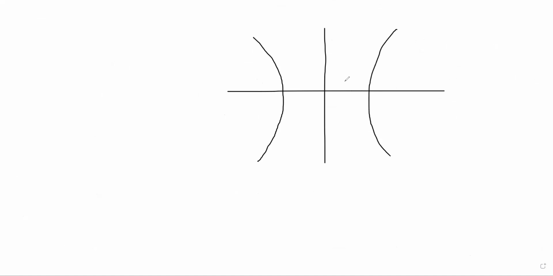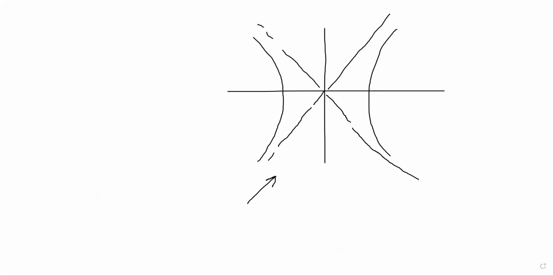Basically, you had the normal rectangular hyperbola where the asymptotes were at 45 degrees. These were the asymptotes actually. But now you have shifted your viewpoint and you are looking at it like this, from here.